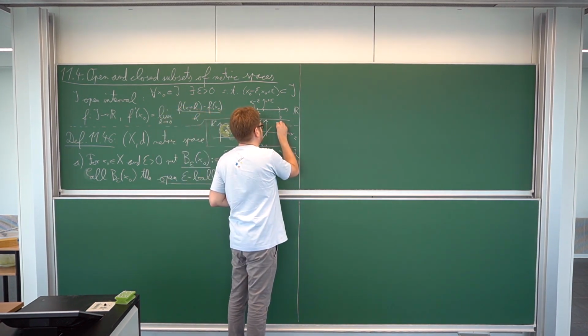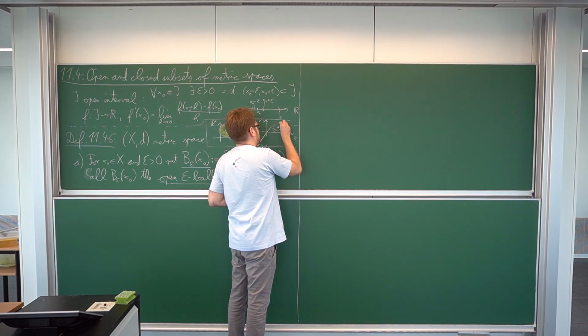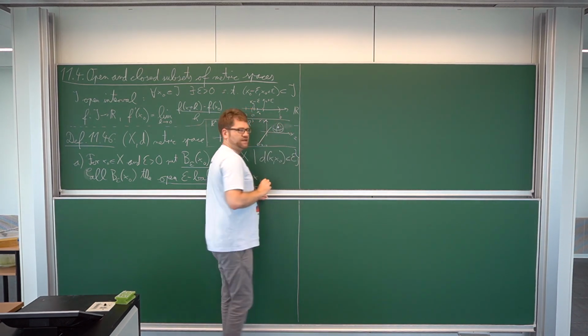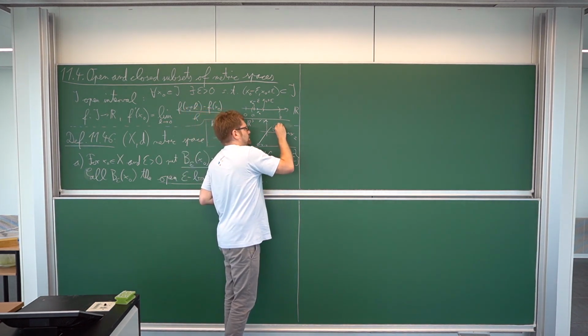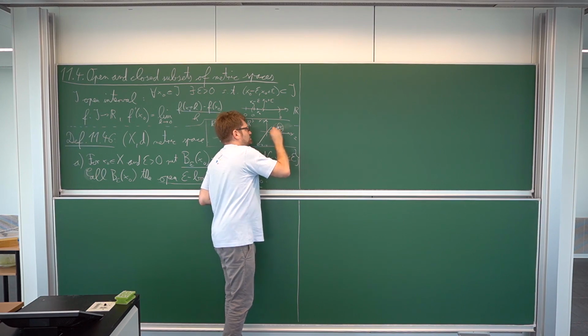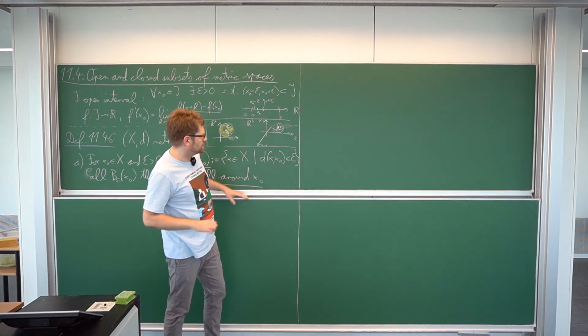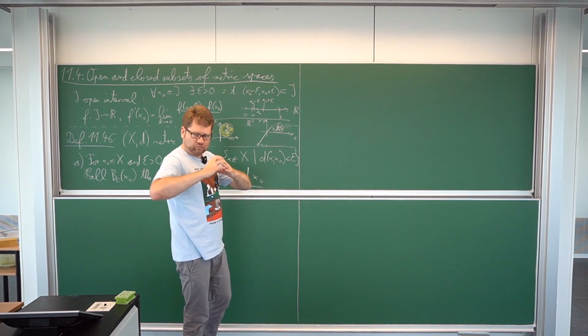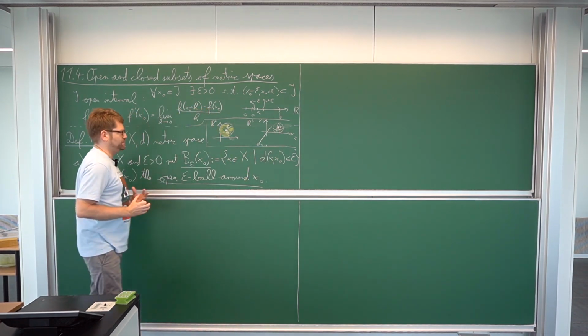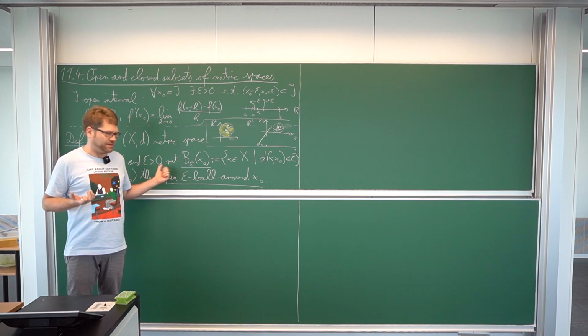So let's draw it like this. I hope it's recognizable. So here, the radius of this ball would be epsilon, this point would be x0, and it would be a ball. I'm not drawing the interior now because then you can't see anything anymore. But this is really a 3-dimensional proper round ball in R3. And this is also why we call this the open epsilon ball.